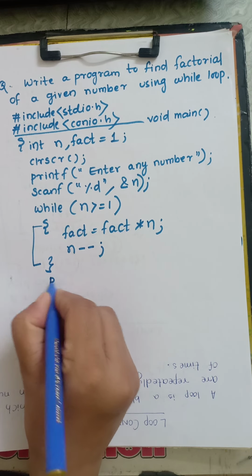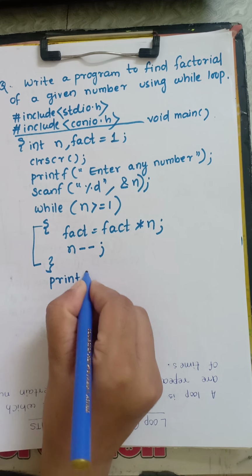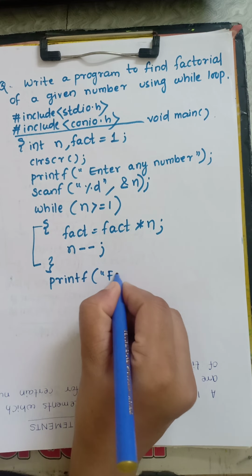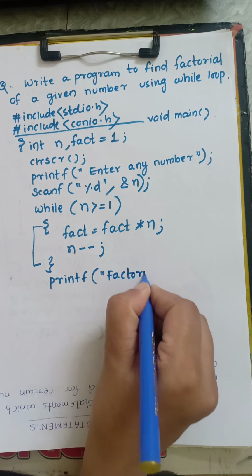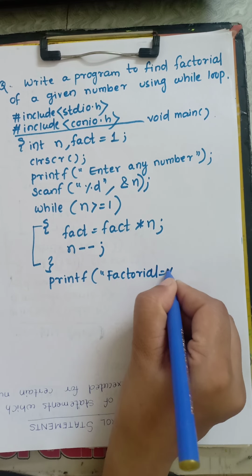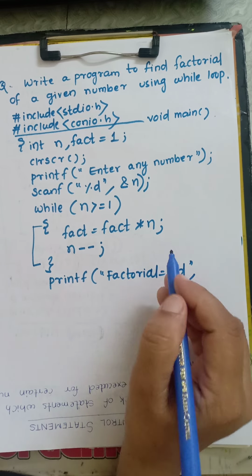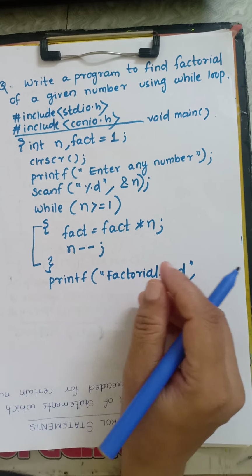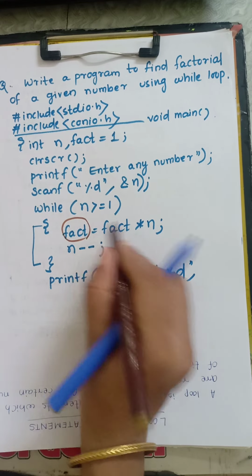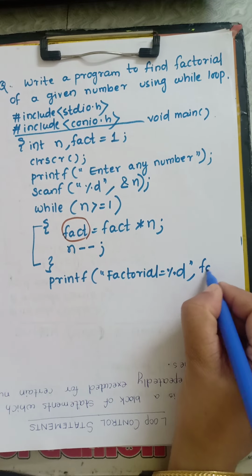Okay, next here I write printf factorial equals %d. What is the value used for the factorial? Look, what is the variable we use here? Fact. Okay, so here I write fact.